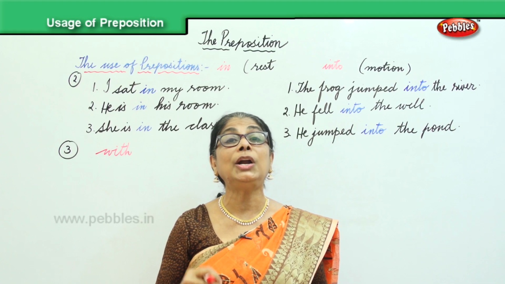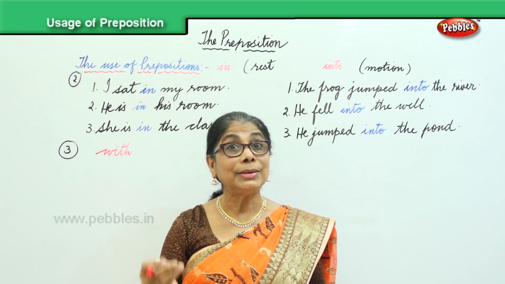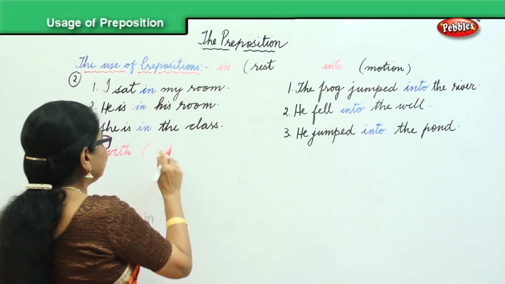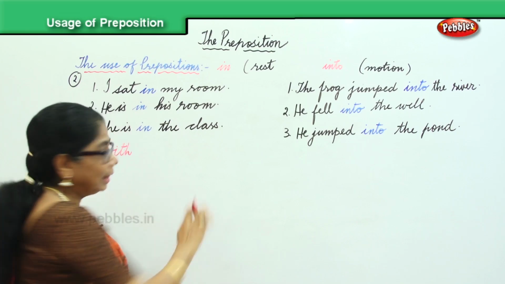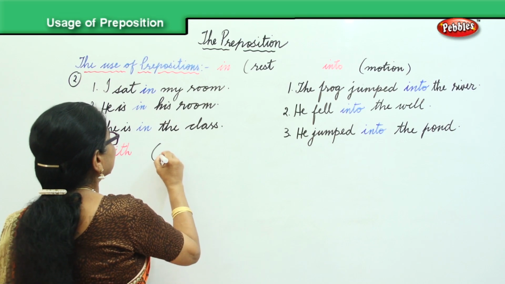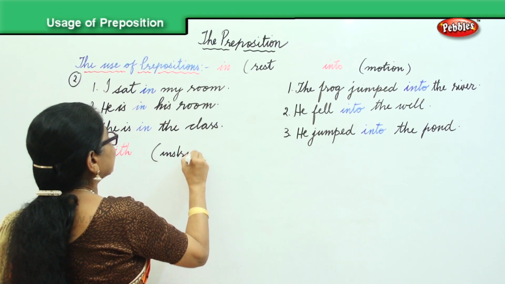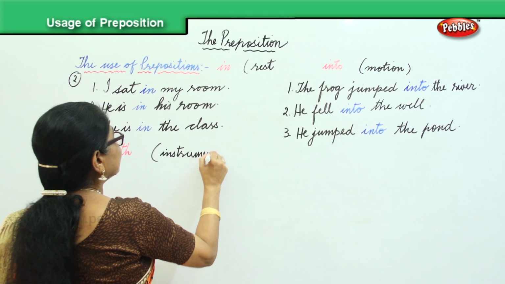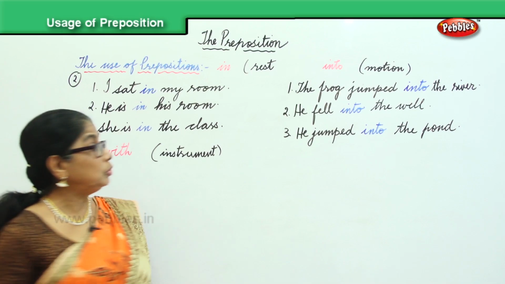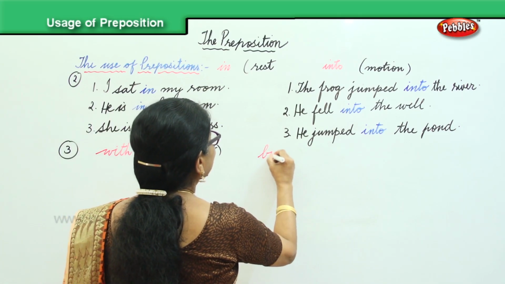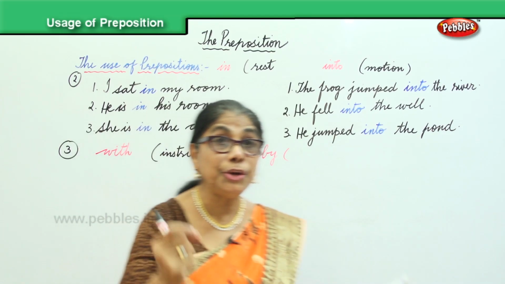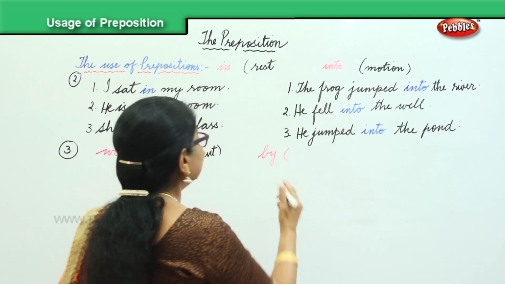We use the preposition with when we talk about the instrument. Then we have another word here, by. We use the word by for what? We use the word by to denote the agent. The agent.